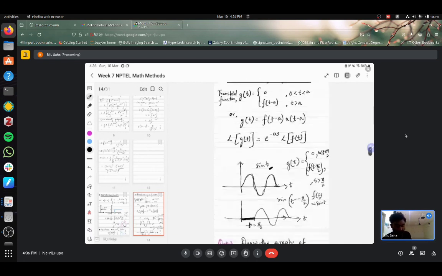We are interested in finding the Laplace transform of this shifted function. So what is the Laplace transform of this g of t? Can we express it in terms of the Laplace transform of f of t? We are interested in knowing that. So let us see.